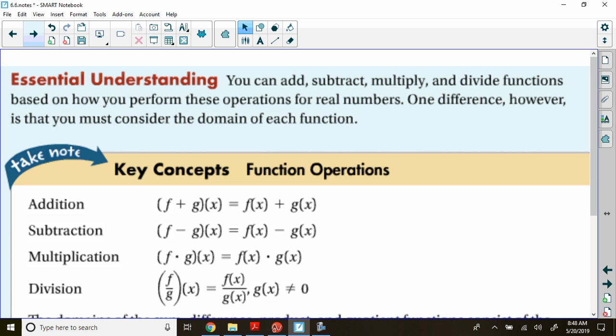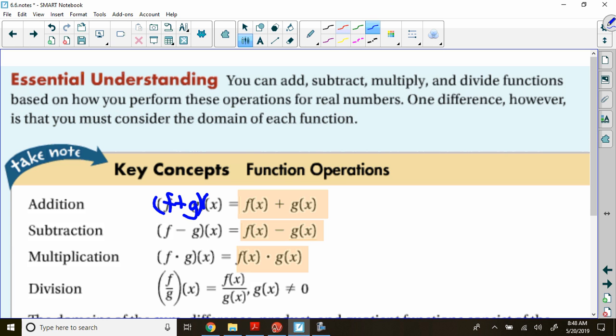So the other day, we said you can add functions, and I believe the notation that I used last week was f of x plus g of x, f of x minus g of x, and f of x times g of x. Just to be clear, writing f plus g of x means the same thing as f of x plus g of x.